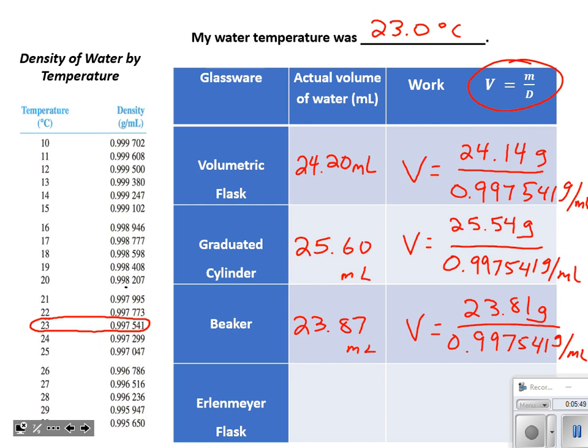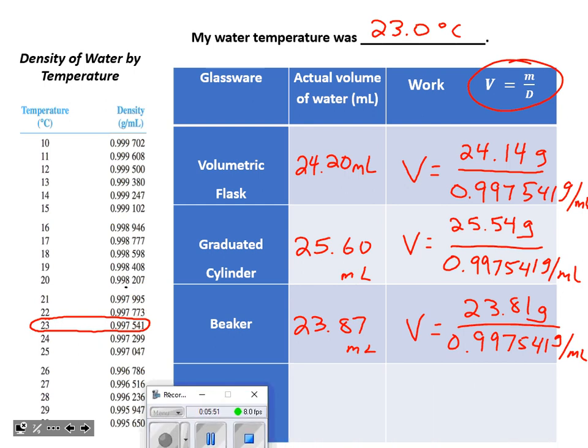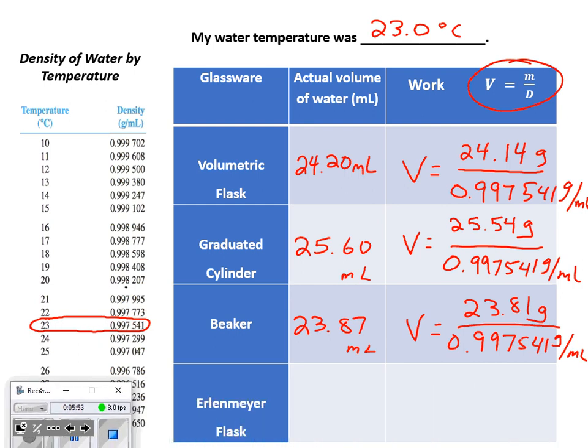And my final one, let me move that out of the way. My final one down here for the Erlenmeyer is going to give me a value of 23.41 grams, with the density 997.541 grams per liter.